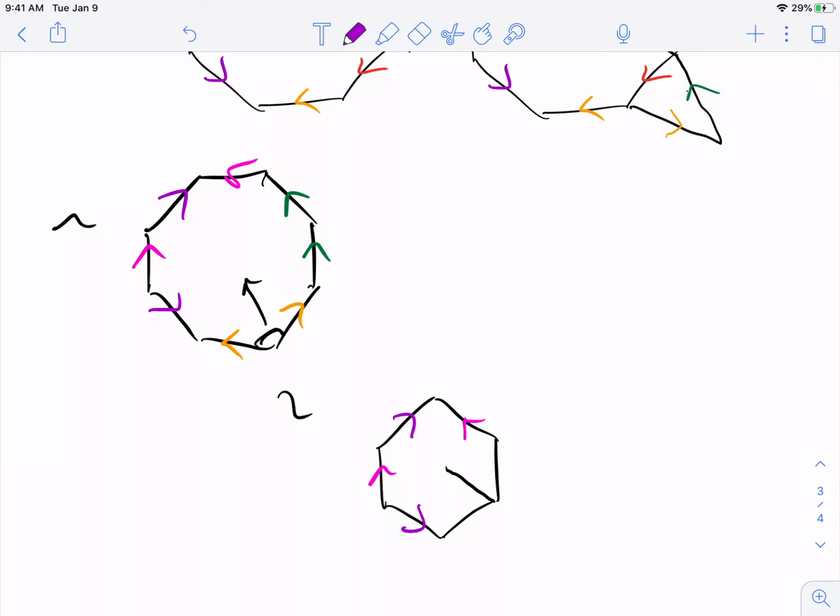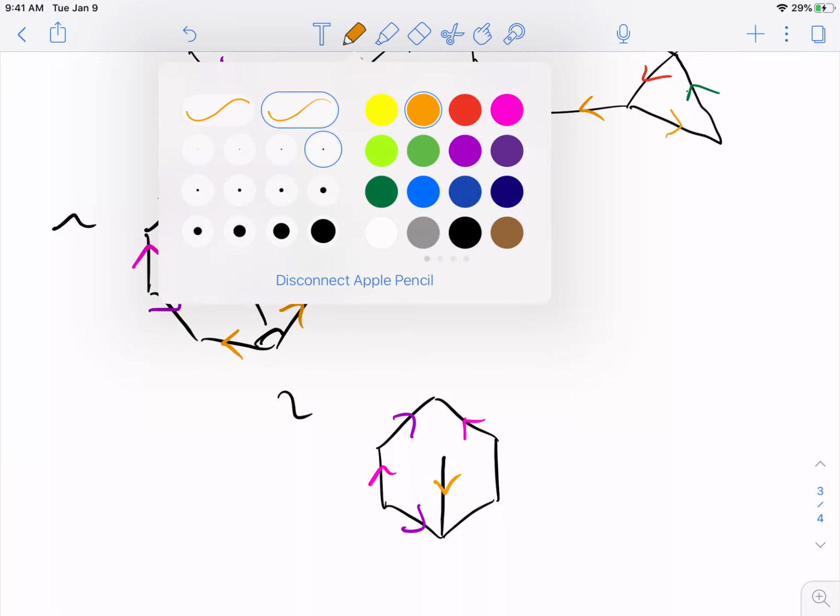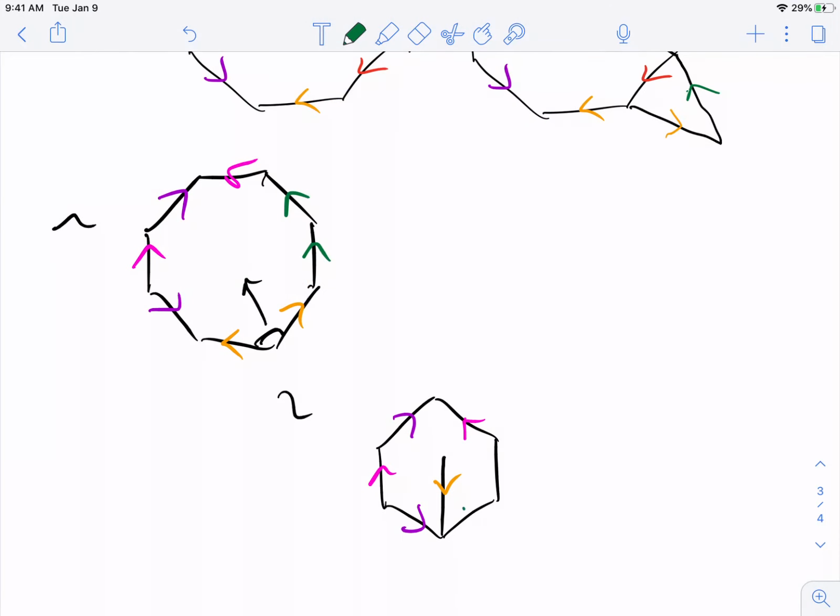Let's see here. So if I shrink those orange edges in together, then that happens right here. The orange edges get glued together. I guess they'd be pointing outwards. And so I can stretch this octagon enough until I can glue these two orange edges together, which turns it into a hexagon.